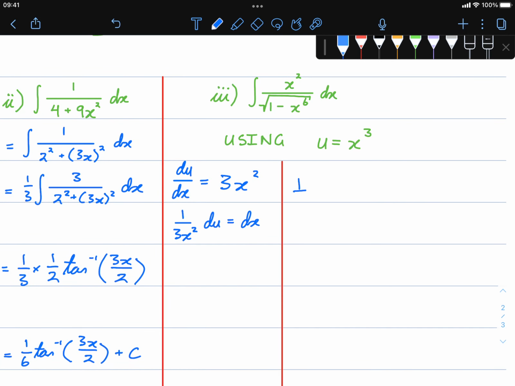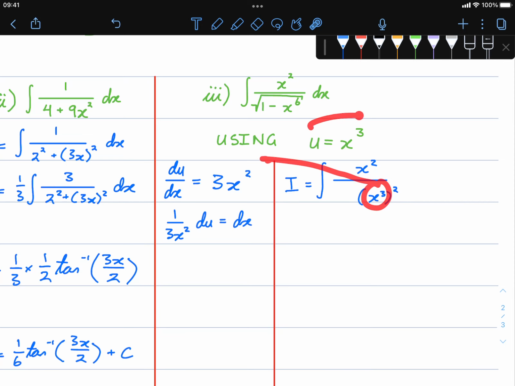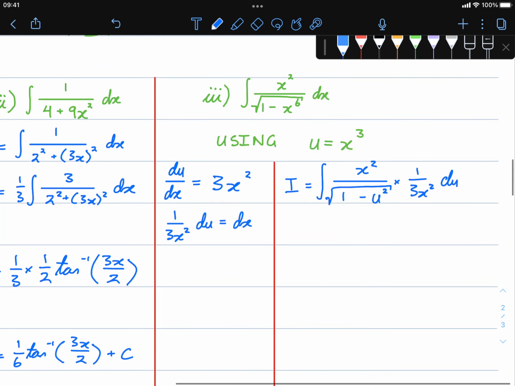Our integral is equal to x squared remains where it is. You notice how x to the power of 6 is actually x cubed squared, but x cubed is u. So we write this as u squared. dx is now going to become this substitution, times 1 on 3x squared du.